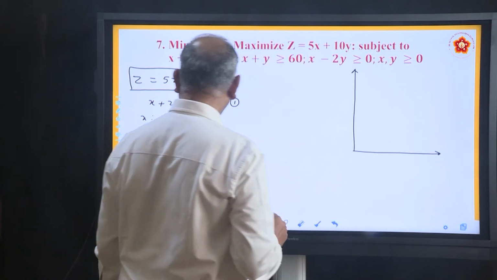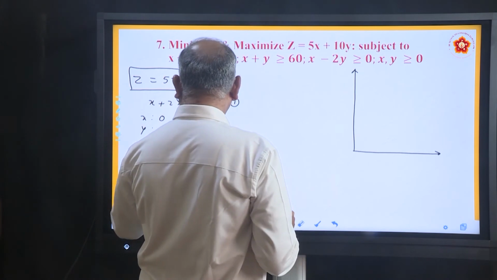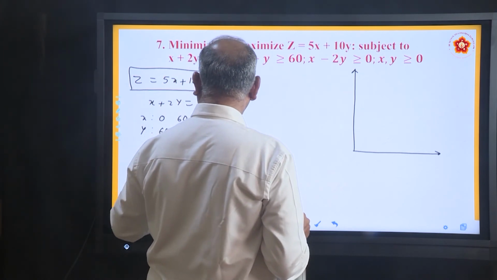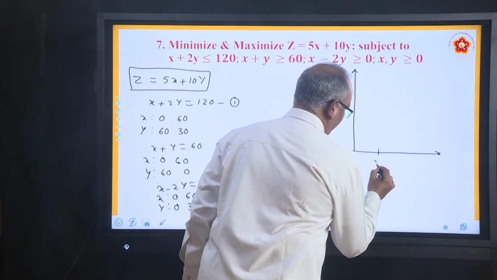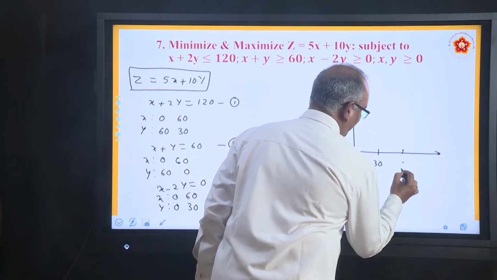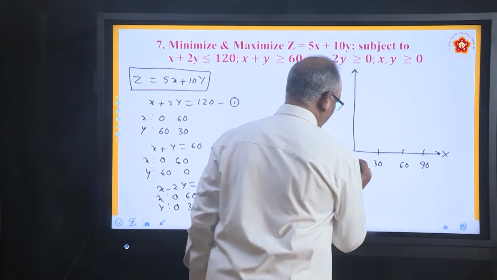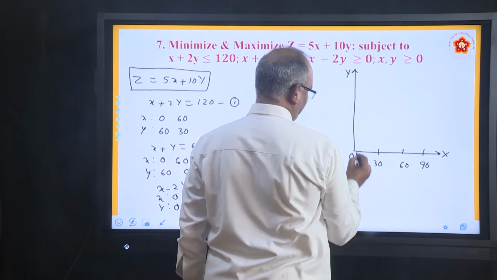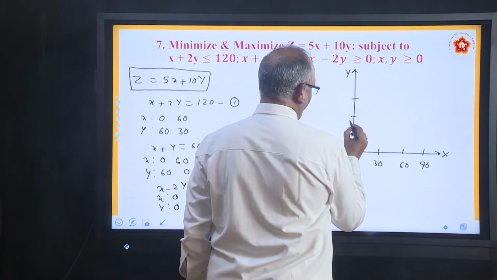The values are generally big numbers. So the maximum number is 60 only. Let us say this is 30, this is 60, this is 90. X axis, origin, y axis, similarly 30, 60, 90.